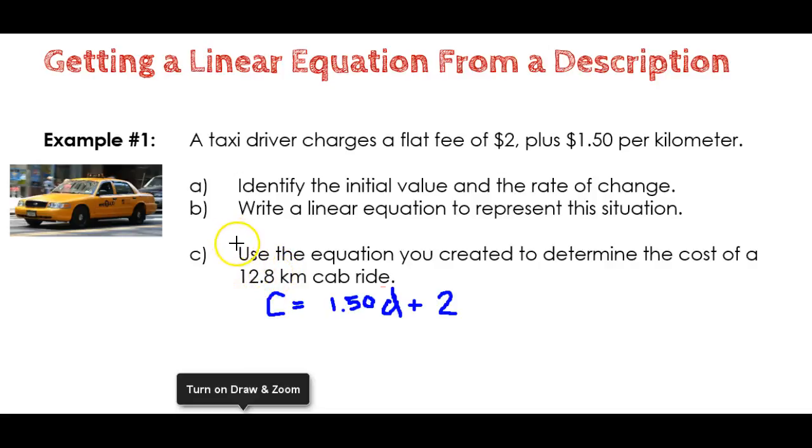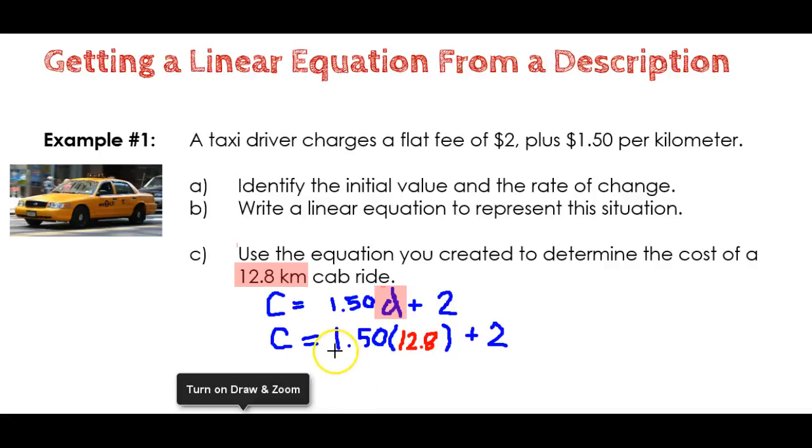I may not need to use the equation, but if the question asks you to specifically use the equation, then you want to make sure that you're doing that. But what information do they give me? Well, they give me the 12.8 kilometers. That just happens to be my distance, right? So I'm going to substitute or plug in 12.8 wherever I see the d in the equation. Remember that variables beside values imply multiplication. So I'm going to put in my 12.8 here.